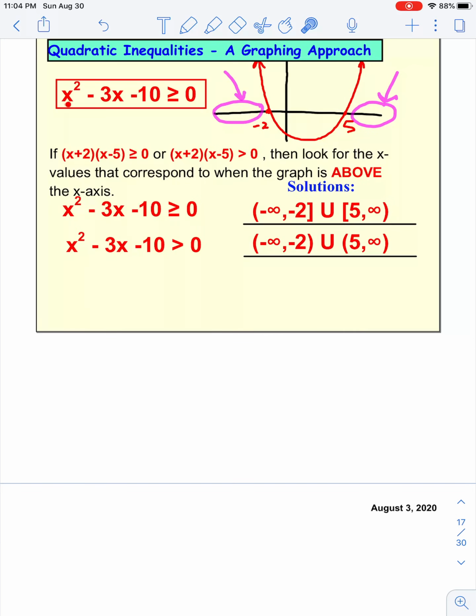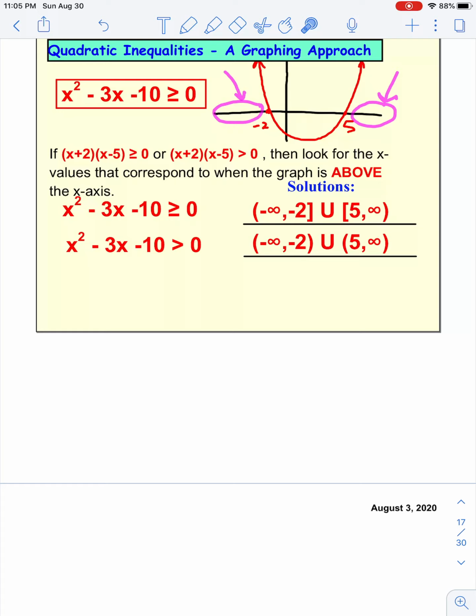So here's one that says the exact same quadratic greater than or equal to 0. So what values for x will I plug into here so that the outputs will be positive or greater than 0? Well, obviously not between -2 and 5, but smaller than -2 is going to take me up there, and bigger than +5 is going to take me up high above the x-axis.